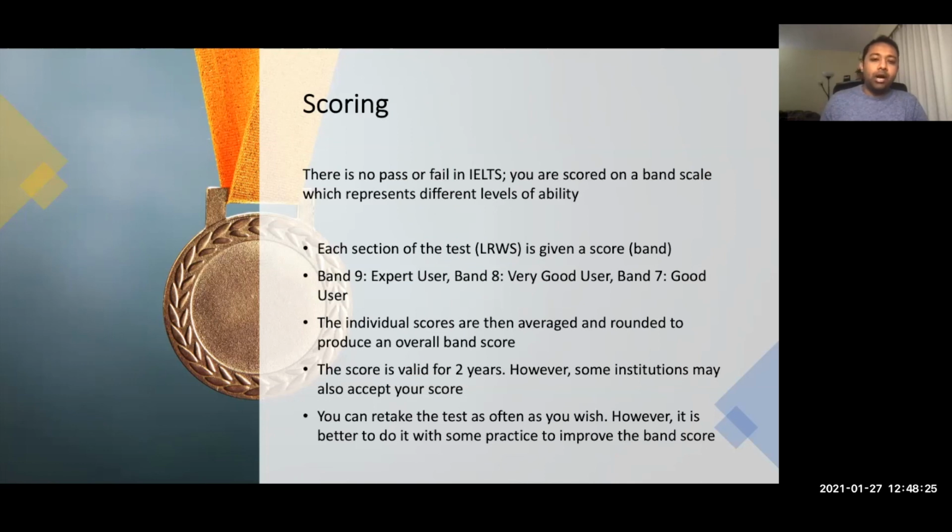However, it's always important to do some really good practice, because this will help you improve the band score if that's what you're looking at. So it's good to have some guidance, or you could also do some self-study, but it's nice to have some direction when you're practicing.